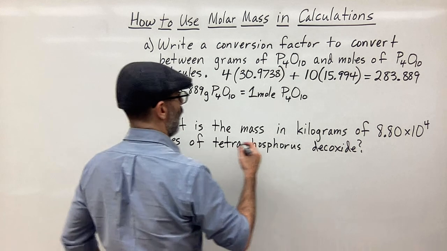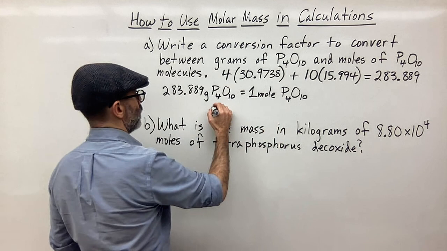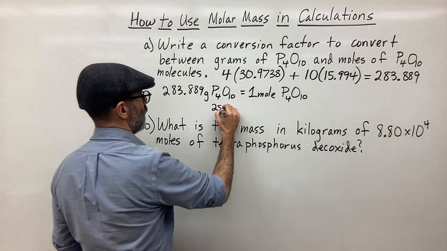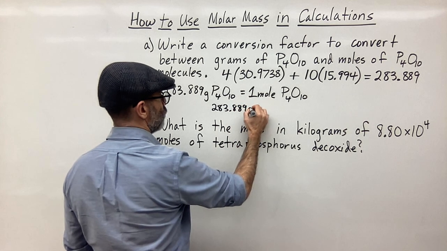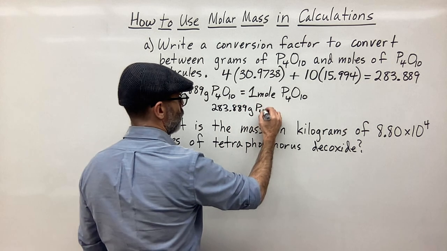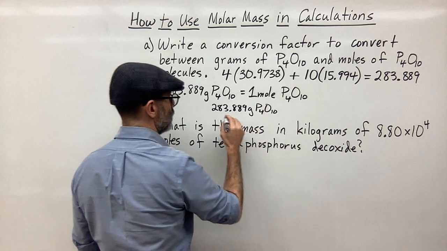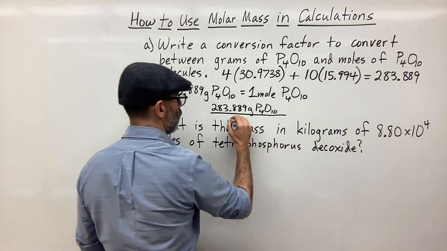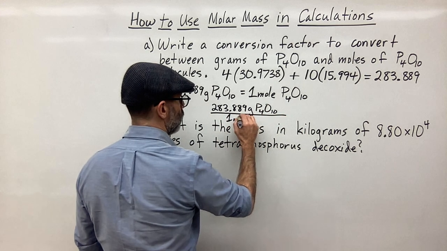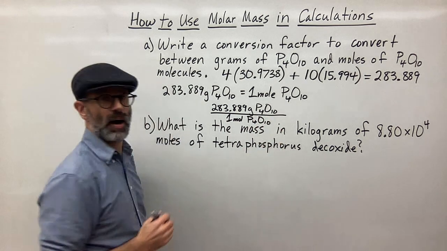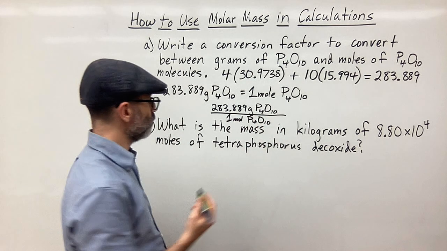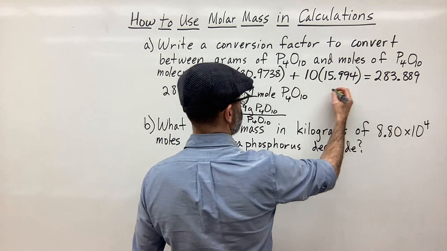So either you can put the 283.889 grams of P4O10 on the top, and then put 1 mole of the P4O10 on the bottom like that, or you can flip it.